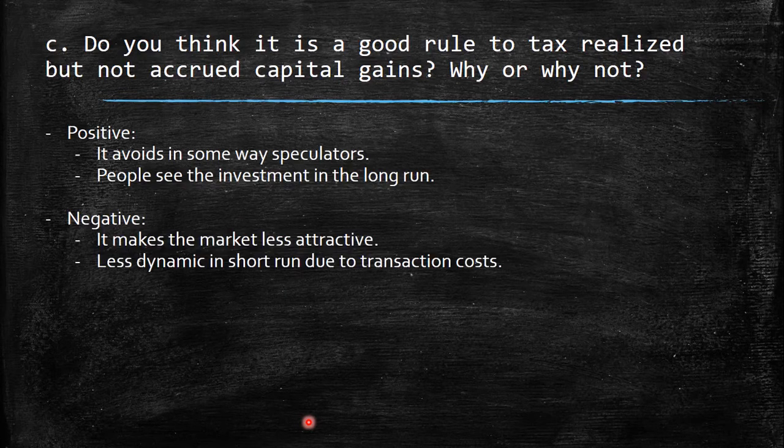Why or why not? So basically, we have two facts here. We have one positive, and as with everything in economics, it depends. The positive fact is that it avoids in some way speculators, because speculators just look for fast, rapid gains.